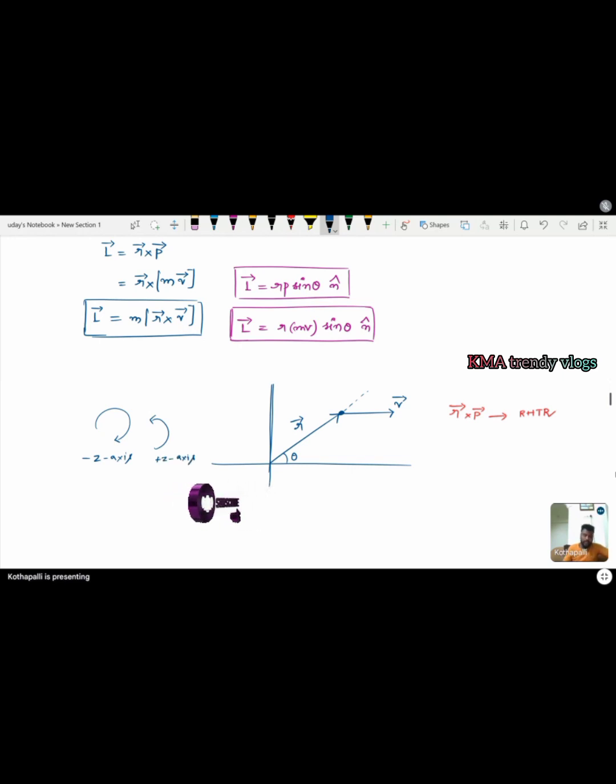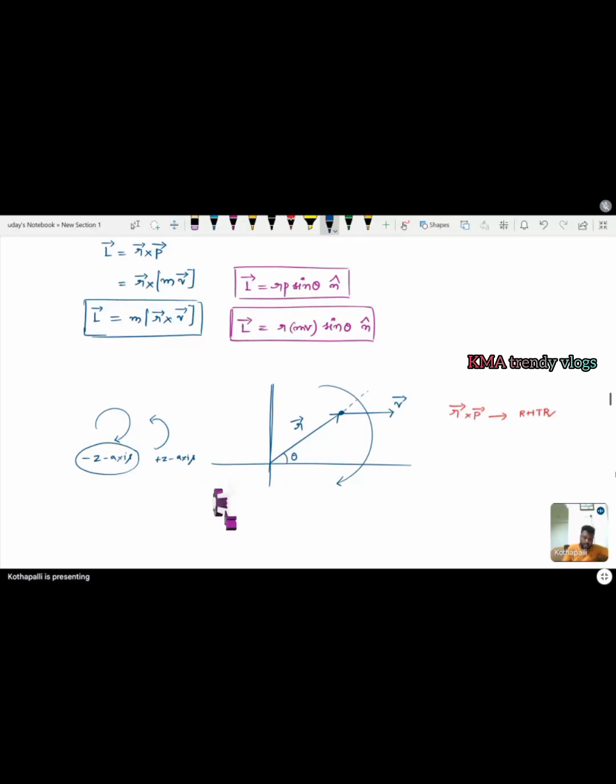So here we can conclude that since the object is traveling like this, to the observer who is sitting at the center or origin, it appears to rotate in a clockwise direction. Which means the resultant of r vector cross p vector must be coming into the plane, because clockwise direction according to rotational mechanics is minus z axis.